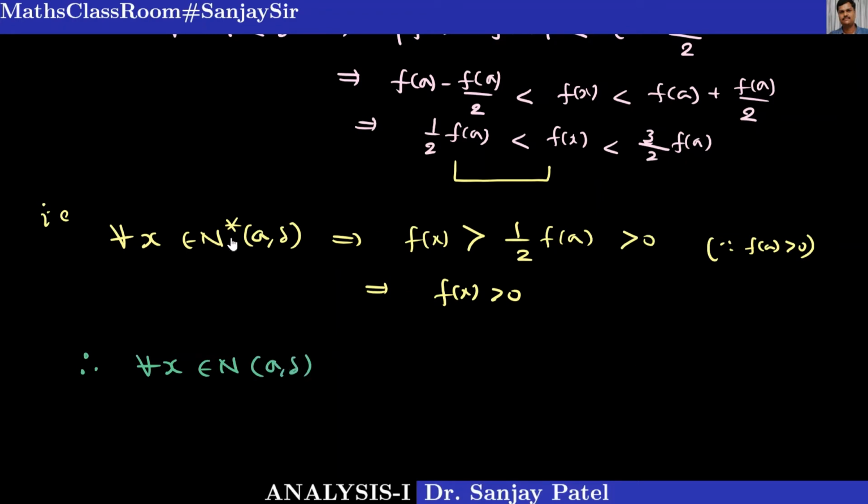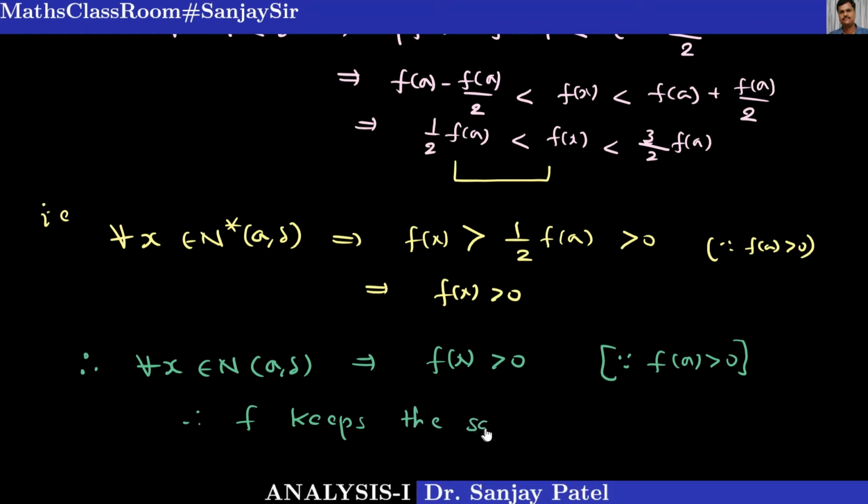So remember, I replace this star by this, and I am taking simple neighborhood. Still this remains valid because we know that f of a is positive. So we have found some neighborhood of the point a in which the function remains positive. So f keeps the same sign.